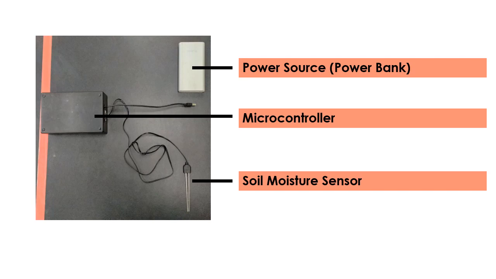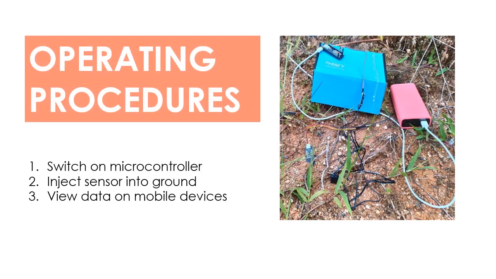The power source is needed to supply power to the microcontroller as well as for the sensor to work. To operate this device is actually pretty simple. After we set up the device, we switch on the microcontroller, then inject the sensor into ground and wait for them to do the data collections.